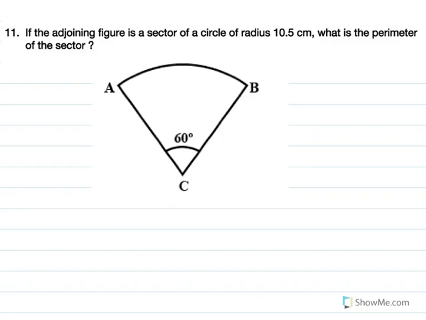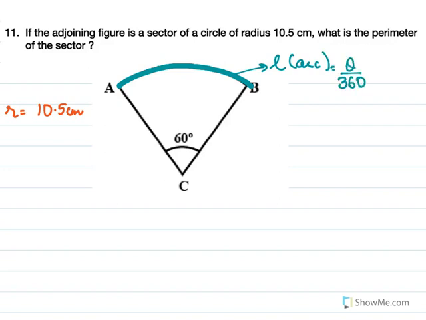If the adjoining figure is a sector of a circle of radius 10.5 centimeter, so here radius r is 10.5 centimeter. What is its perimeter? Now in this sector, the perimeter is made up of AB, the length of the arc, and the formula you know is theta over 360 into 2 pi r.